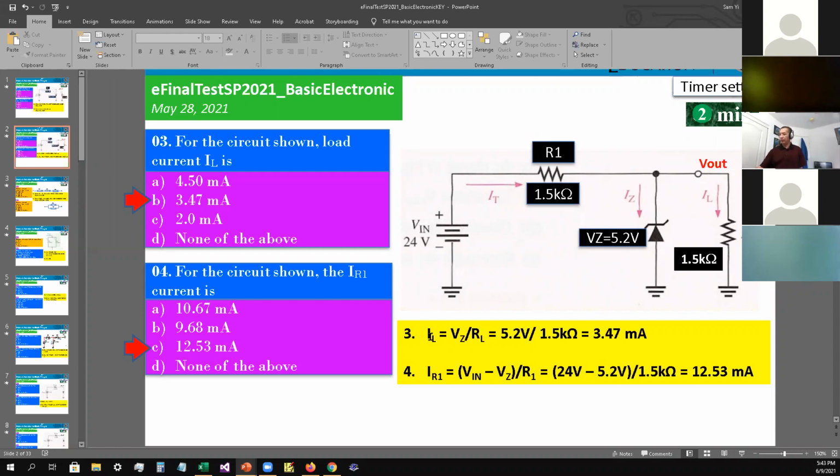So IL is equal to VZ divided by RL. VZ is 5.2 volts divided by 1.5 kilo ohm, which yields 3.47 milliamps. So the answer is B as in boy for number 3.